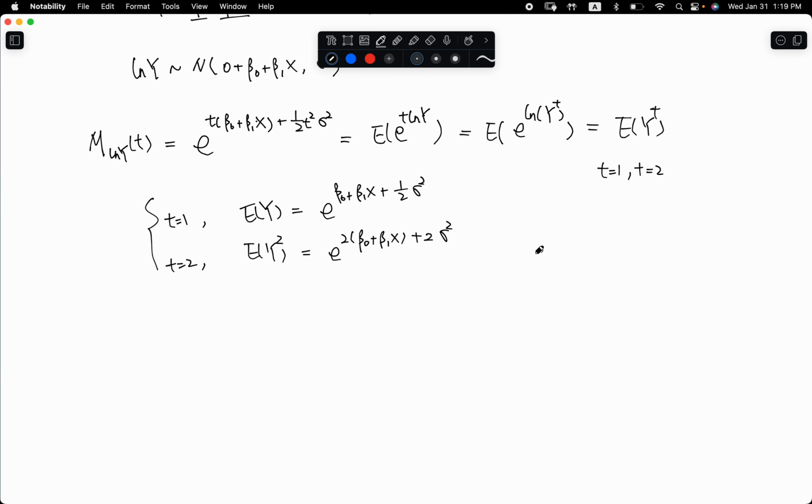With these you can have the variance of y equal to the expectation of y squared minus the square of the expectation of y, the second moment minus the square of the first moment. And then you can evaluate the variance of y as well.